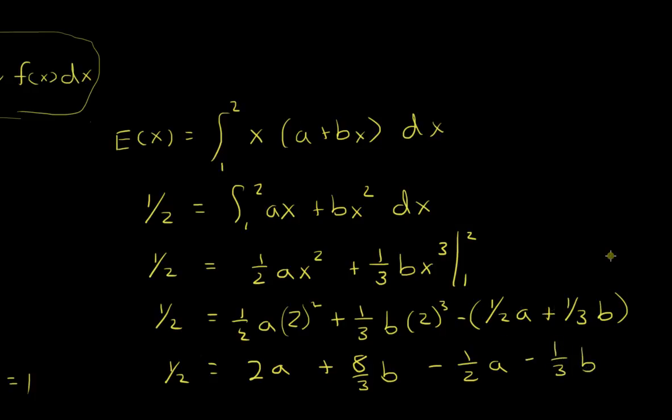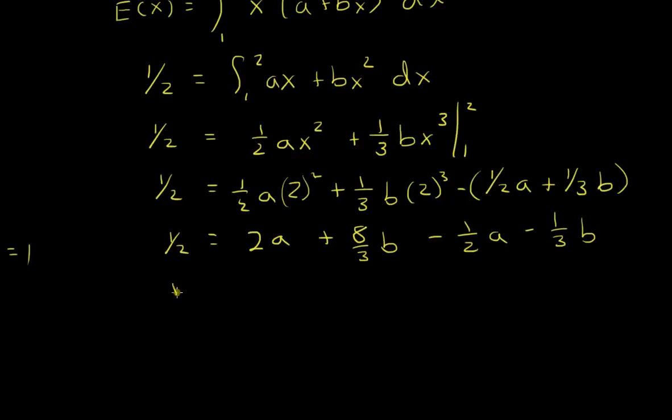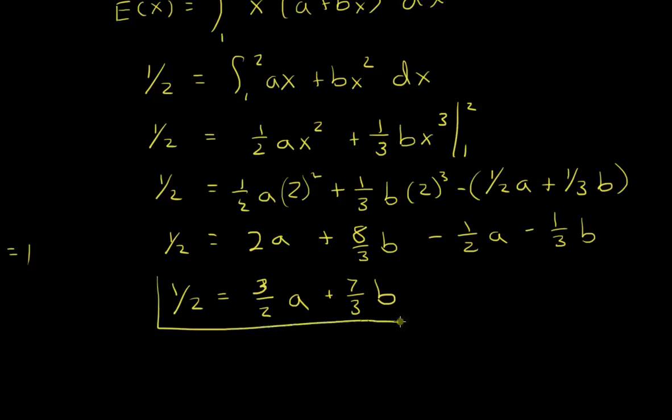Distribute that negative sign. Okay, so I have, let's see, 2a minus 1/2 a, so that is 3/2 a. I have 8/3 b minus 1/3 b, so that's plus 7/3 b. All right, great. So this is my second equation.